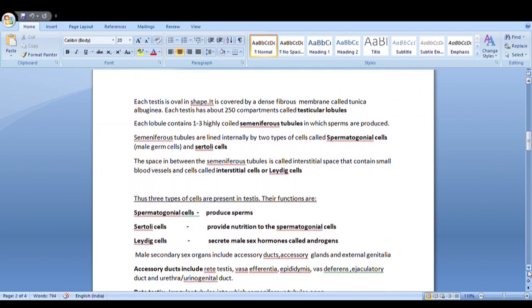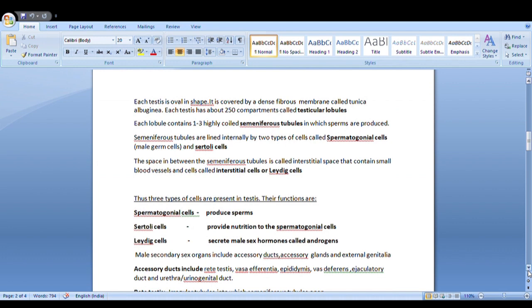Each testis is oval in shape and it is covered by a dense fibrous membrane called tunica albuginea. Each testis has about 250 compartments called testicular lobules. Each lobule contains 1 to 3 highly coiled seminiferous tubules in which sperms are produced.